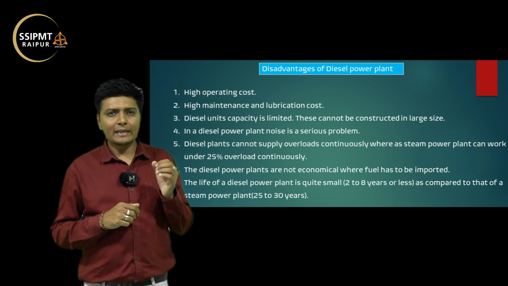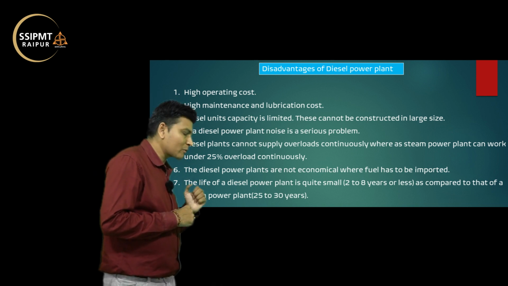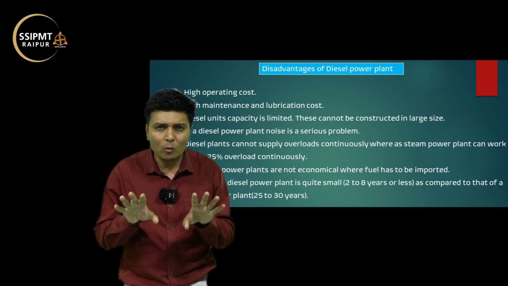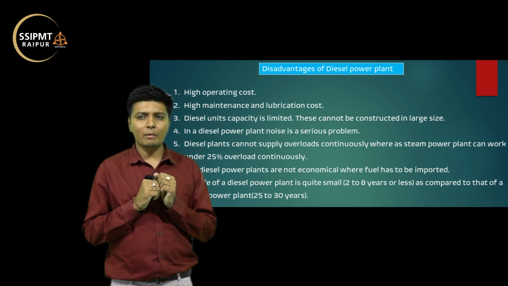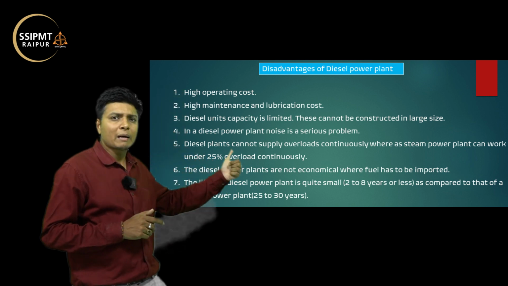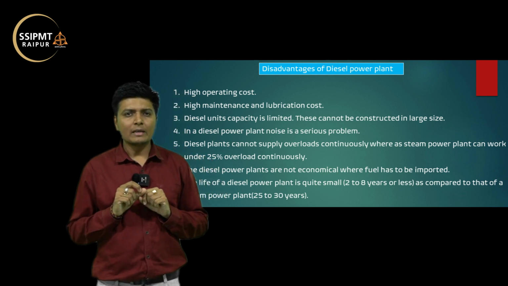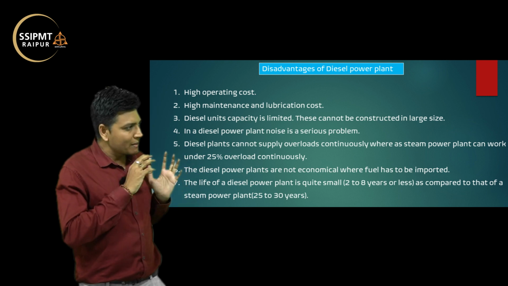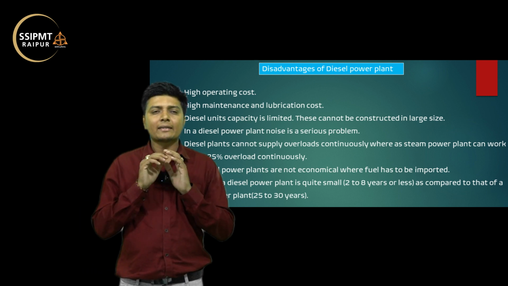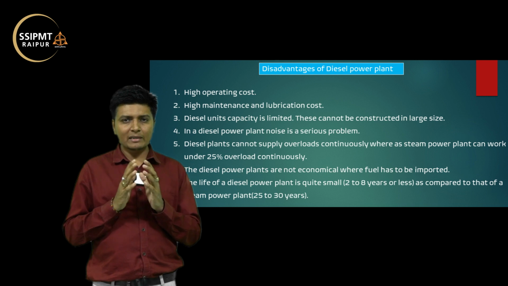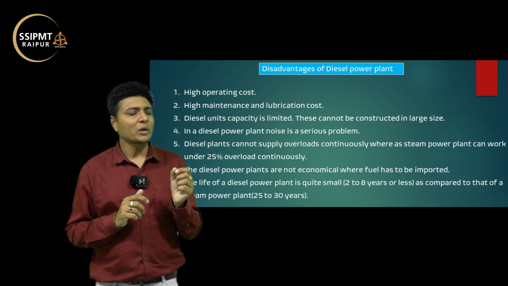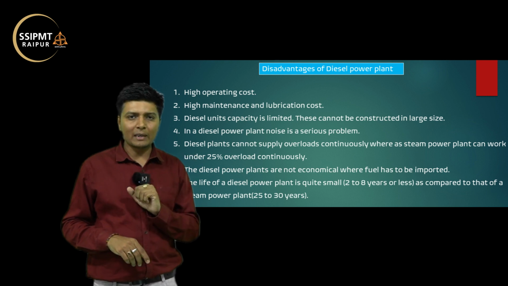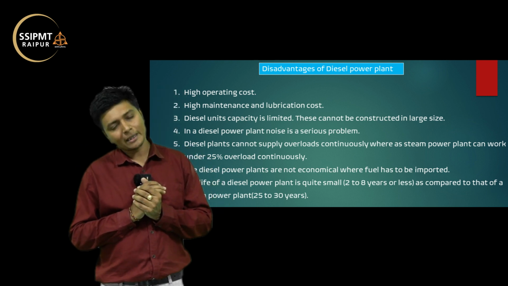Fourth disadvantage is that noise is a serious problem in a diesel power plant. Fifth, diesel plants cannot supply overloads continuously, whereas a steam power plant can work under 25% overload continuously. Sixth, diesel power plants are not economical where fuel has to be imported. And seventh disadvantage is that the life of a diesel power plant is quite small, 2 to 8 years or less, as compared to steam power plants, which have a life of 25 to 30 years.